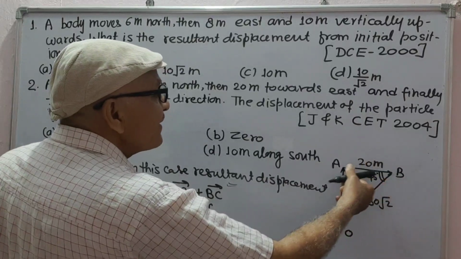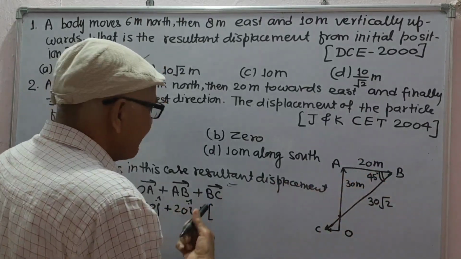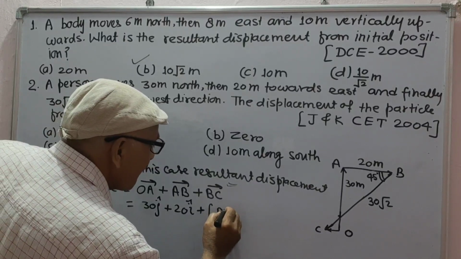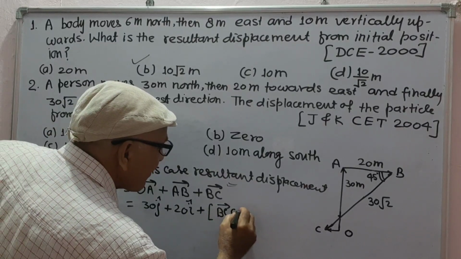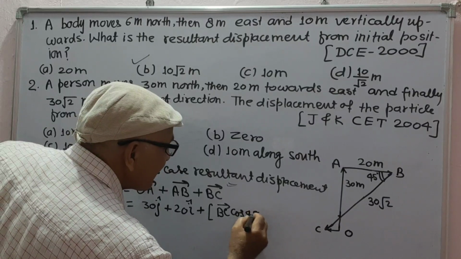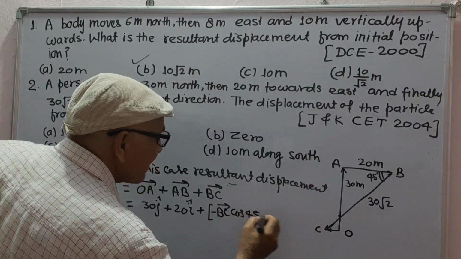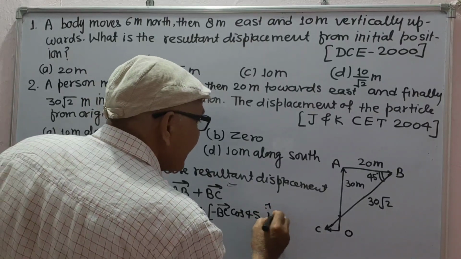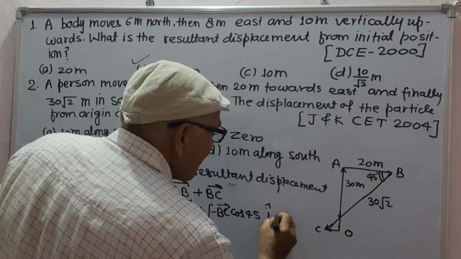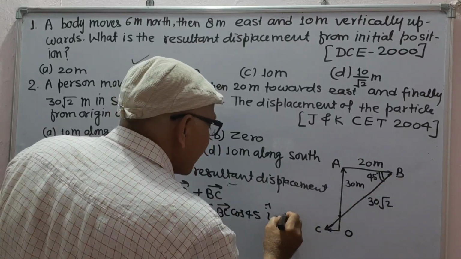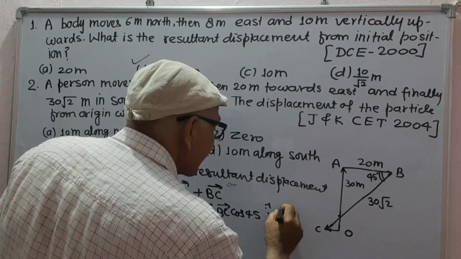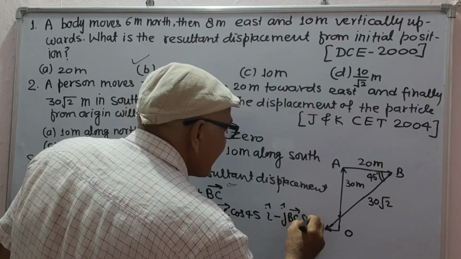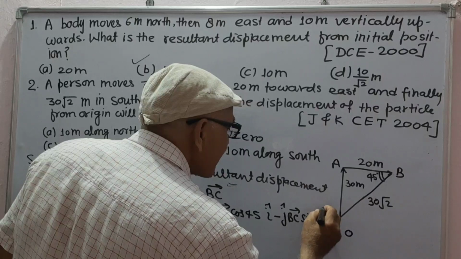BC cos 45 is in negative direction of x, so it will be BC cos 45 with minus sign along x axis and minus j unit vector BC sin 45.